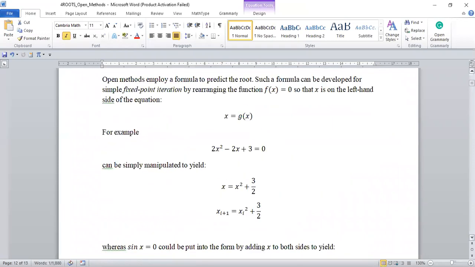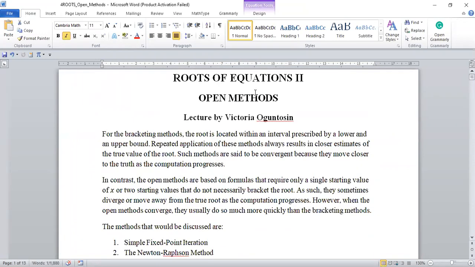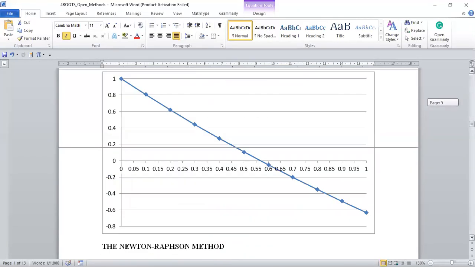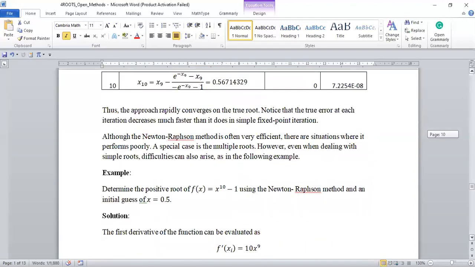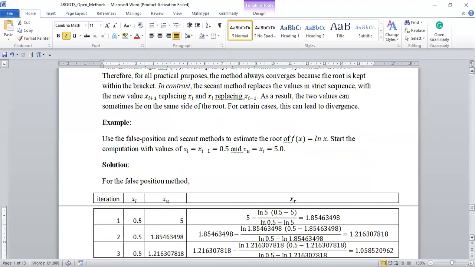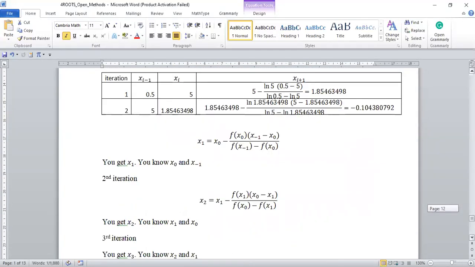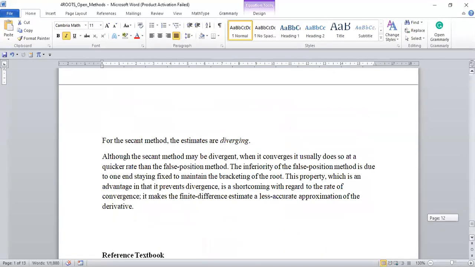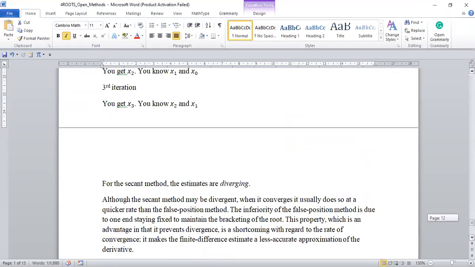Remember that this topic is open methods for finding the roots. In the previous class, we did bracketing methods, so the upper limit and the lower limit should be bracketed. But in the open method, first of all, what I want you to take home is that it's just one guess you have.